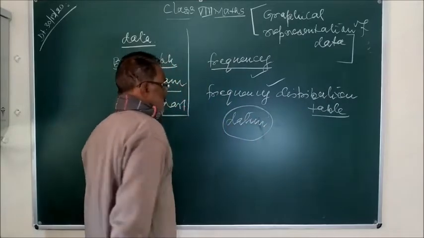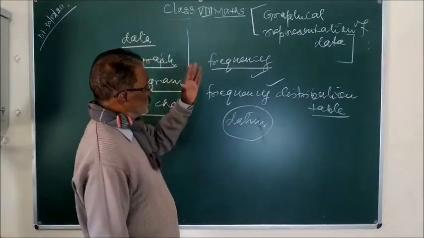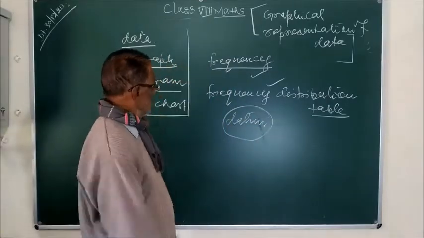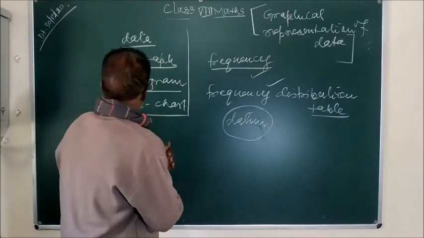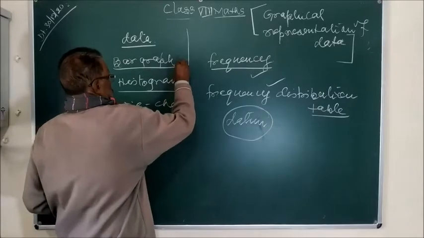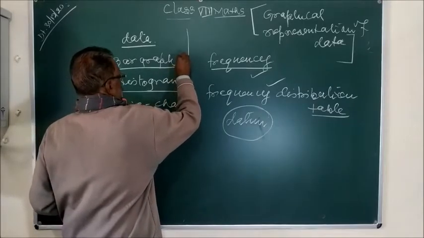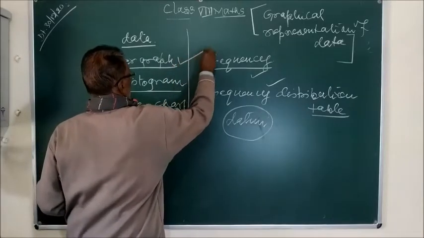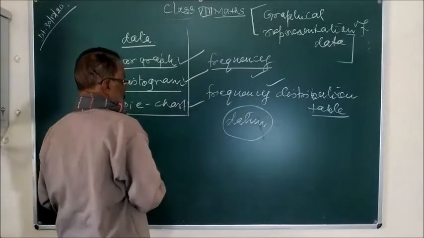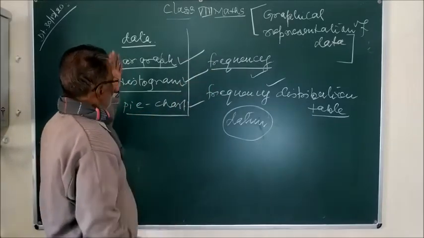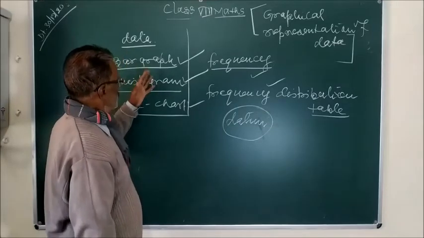Today you will see the data may be represented by graphical method. So there are three methods through the graph: bar graph, histogram, and pie chart. One by one you have to learn these three.